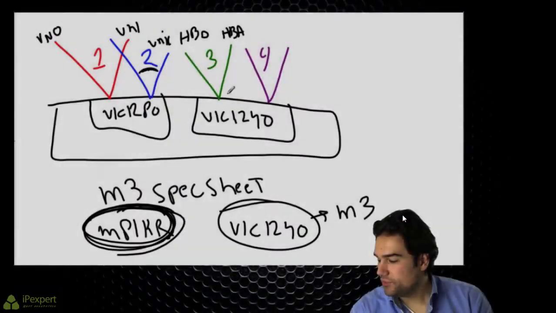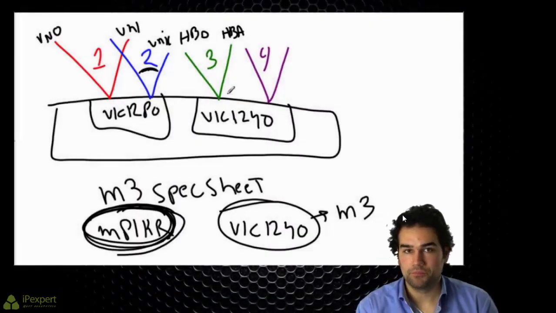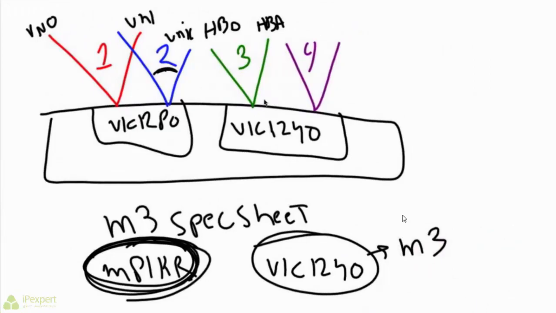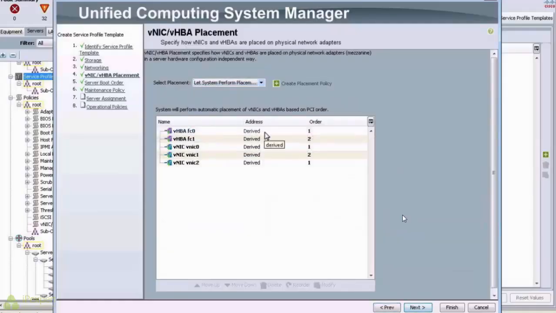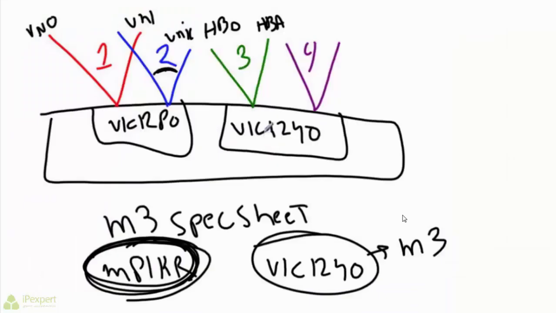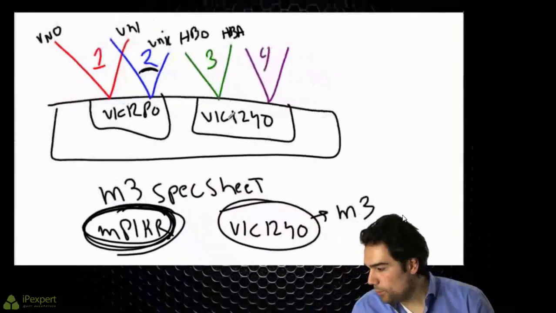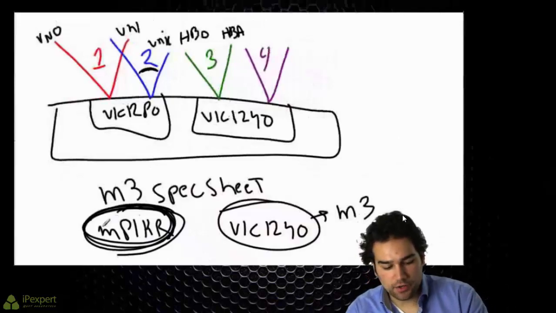Do I have to assign vCons? No, you do not need to assign them. So I can just leave it to automatically assign. So automatically assigning is just okay as well. How many vCons does the M81KR have?